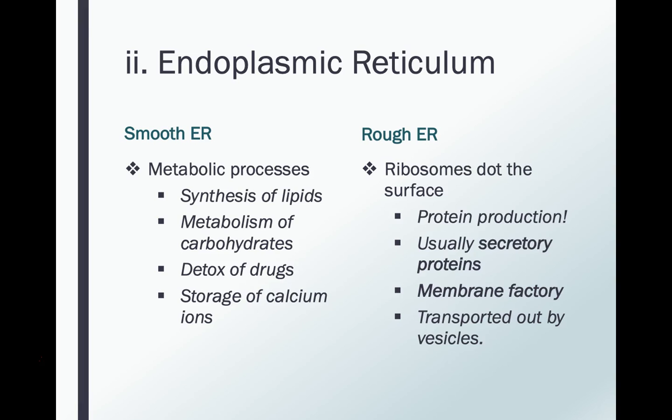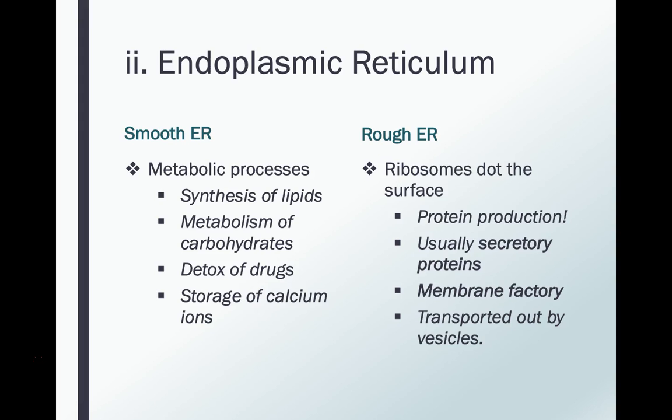But let's talk a little bit about the differences in the smooth and the rough ER. In the smooth ER, we have a lot of metabolic processes. Lipids are produced there, carbohydrates are broken down, not converted into energy, that's a different cell, but can be broken down or built up there.